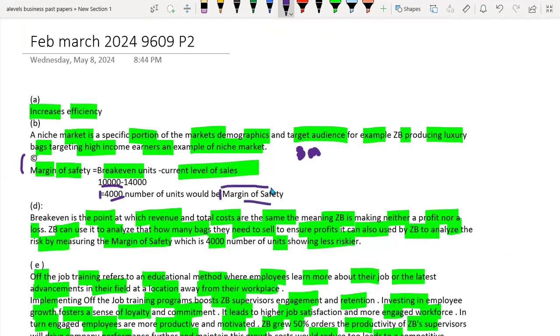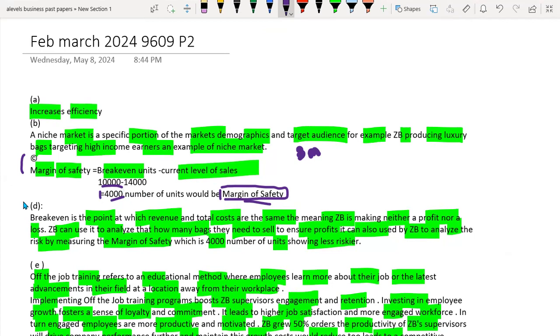It means that after 10,000 units, we are making profit, and there is a margin of safety of 4,000 units. It means that we have a lesser risk of falling to break even and maybe into losses.